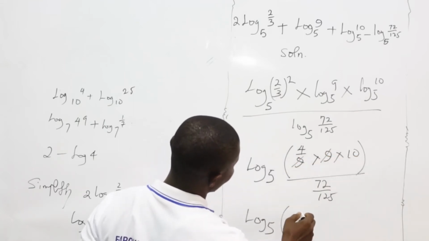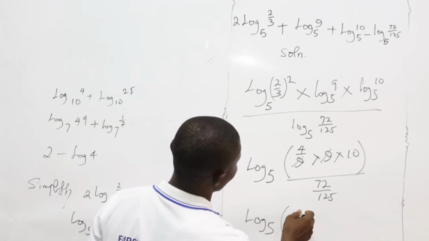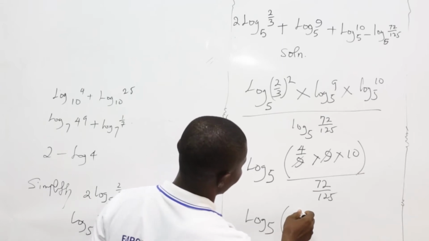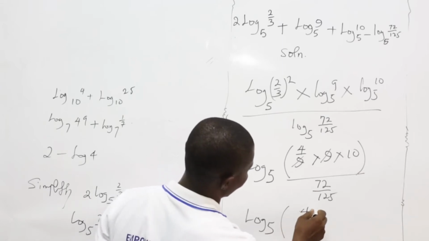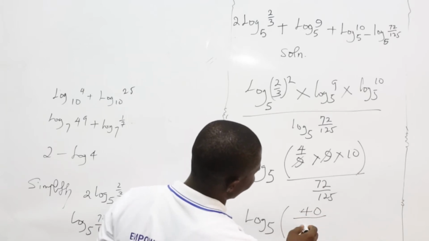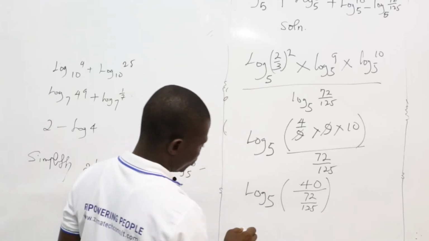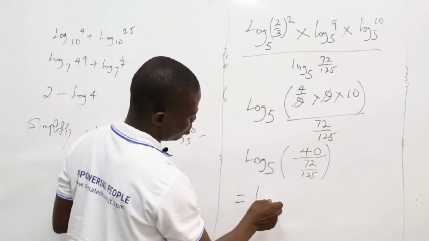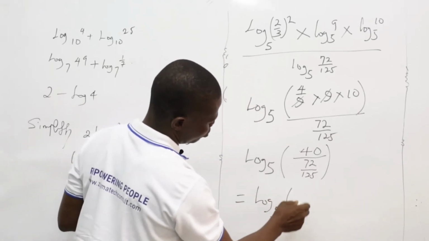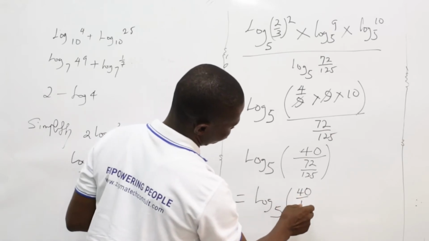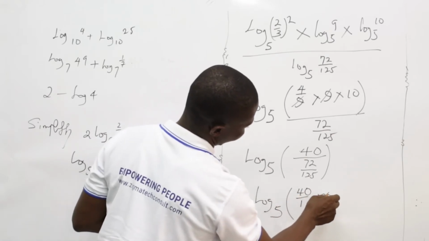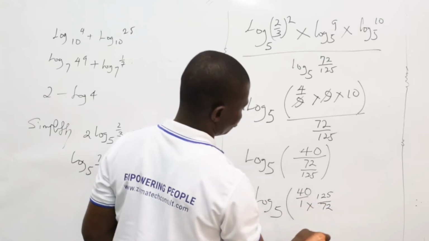This times this is what? 40, divided by 72 all over 125. This will give us, let's say, 40 over 1, multiplied by 125 all over 72.